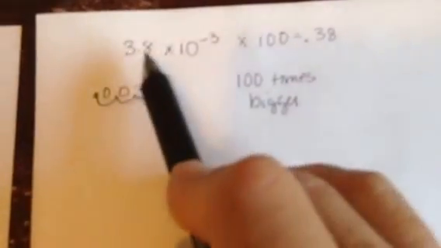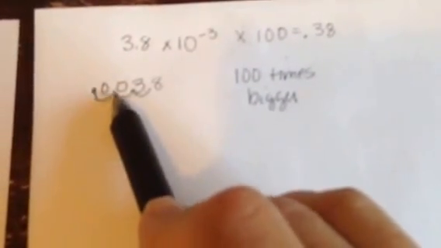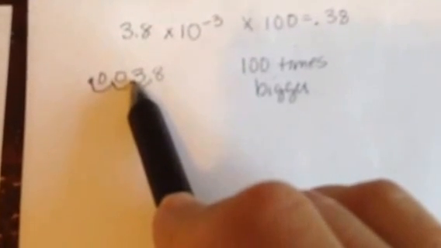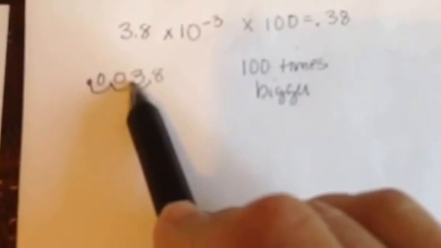The way I made it 100 times bigger was I wrote this out in standard notation, and then I moved the decimal 2 places to the right, and I made my number 100 times bigger.